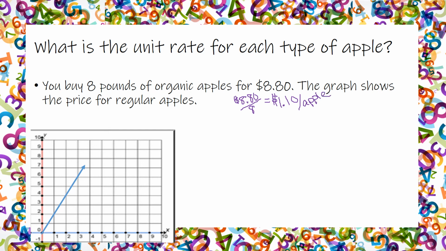Now we're also going to look down here at our graph for regular apples. I'll look at the price. That's going to be this part. And I see a 2.